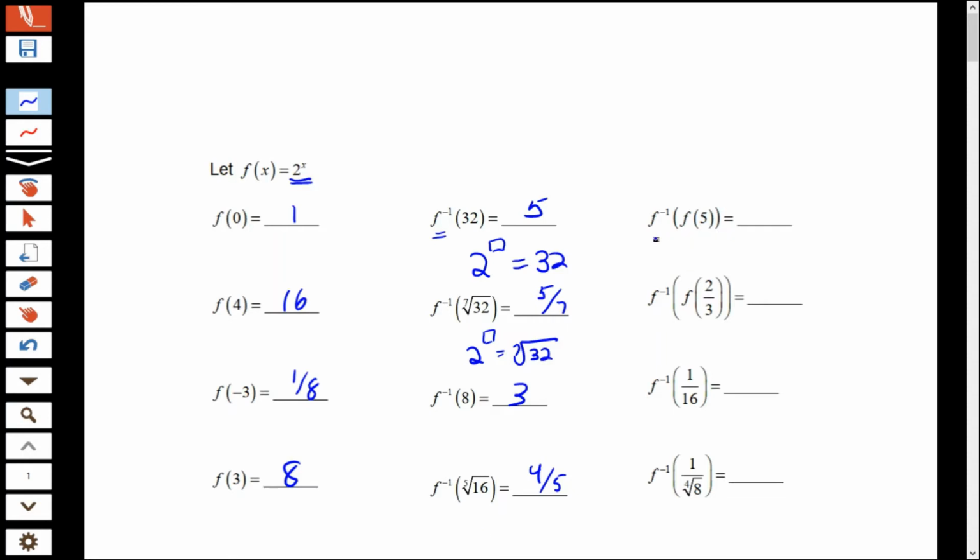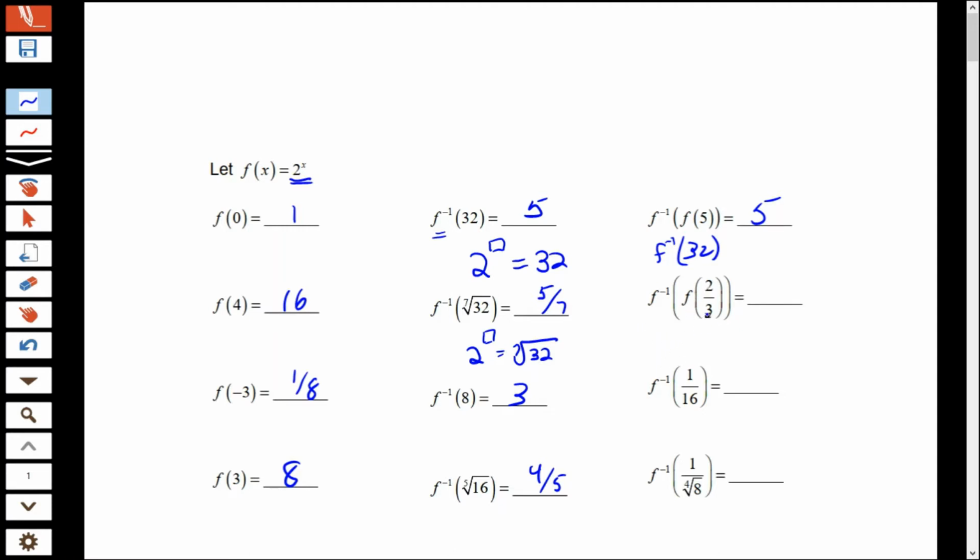So we can continue. Ooh, some composition of a function and its inverse. So f of 5, well, we know that 2 to the 5th, plugging in 5 for that exponent, is going to give us 32. And then, of course, f inverse of 32 just equals 5, right? Good. Now, we can do the same thing here.